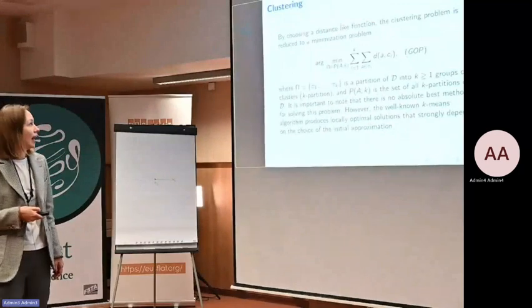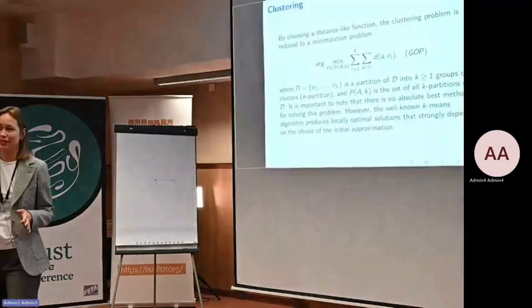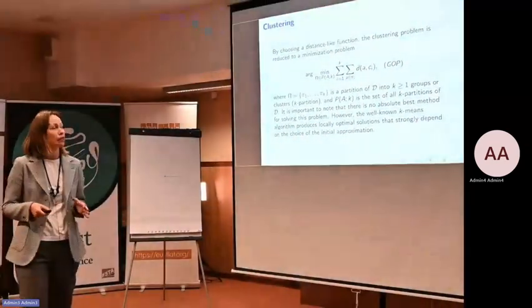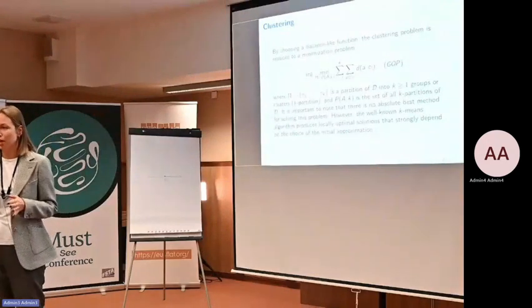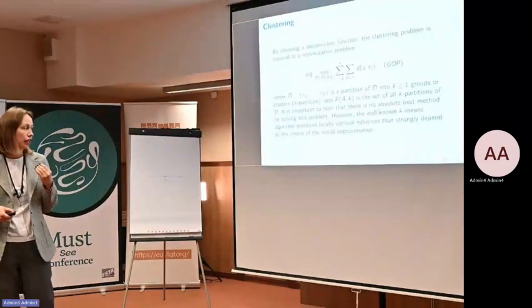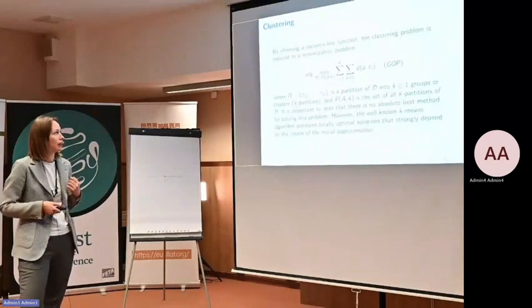Okay. And so as I've already said, we are dealing with an optimization problem. If we have the distance-like function to measure the similarity of the objects, then we can go to the general optimization problem, that one.